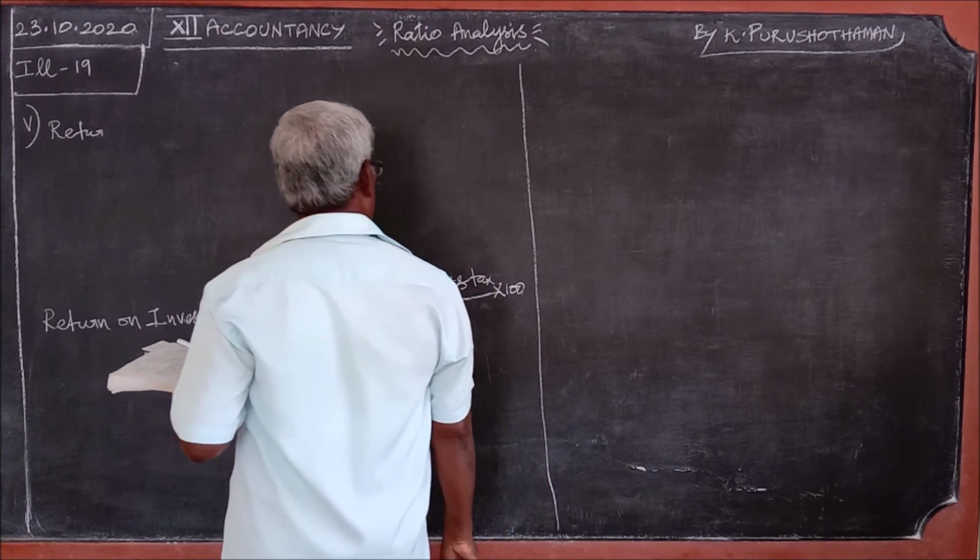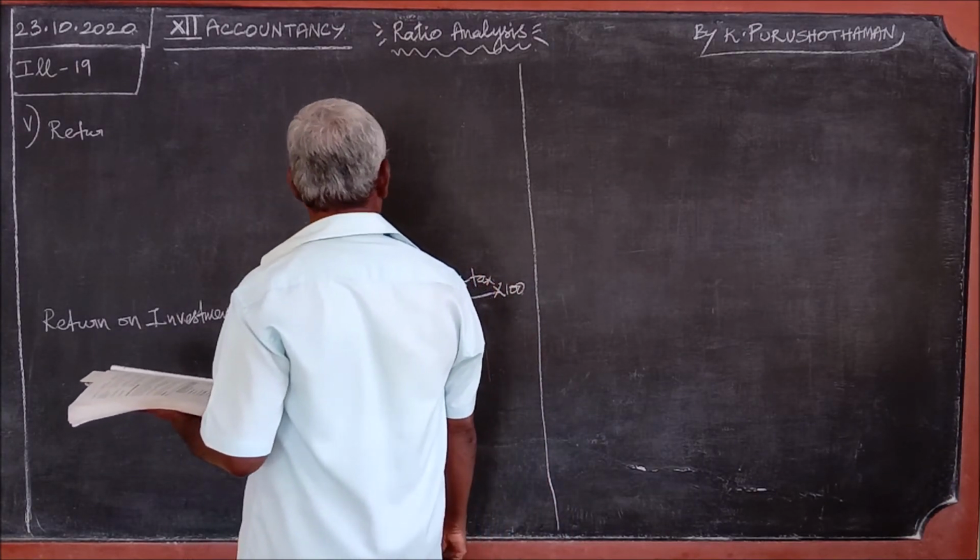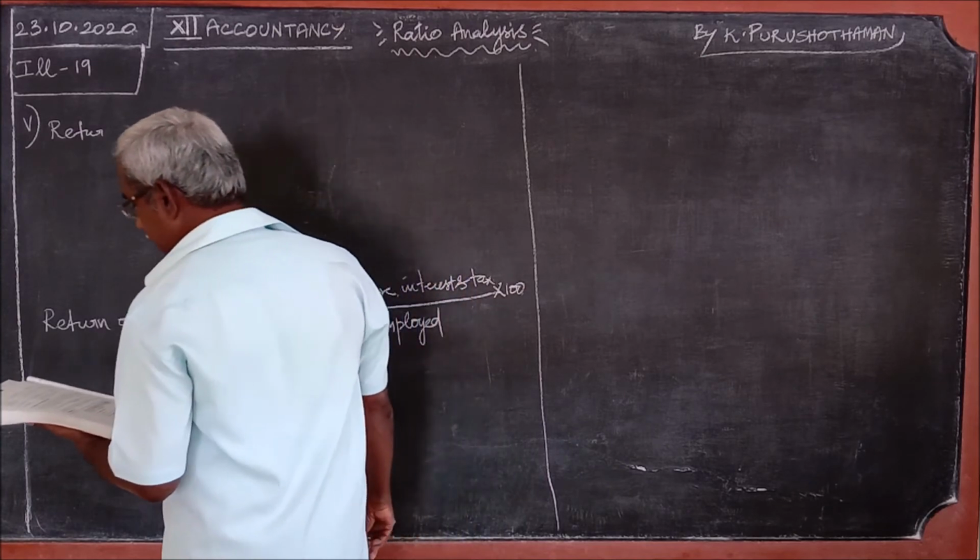Net profit before interest and tax by capital employed into 100.